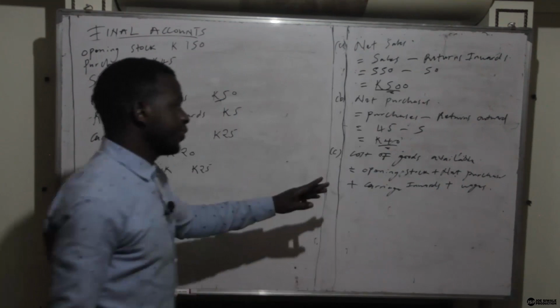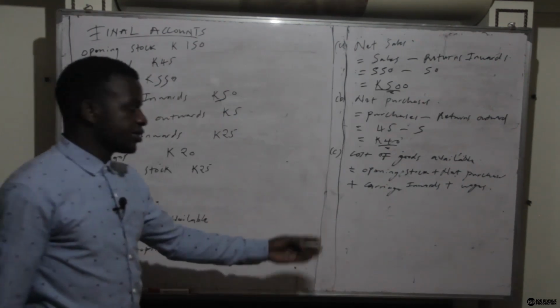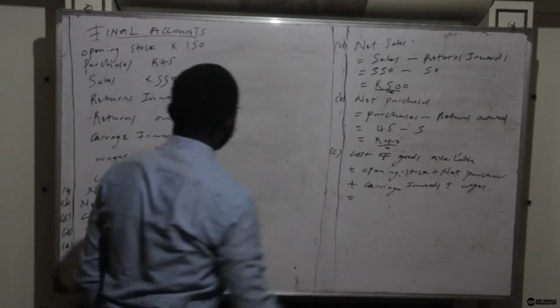So this is the formula that we use: opening stock plus net purchases plus carriage inwards plus wages.